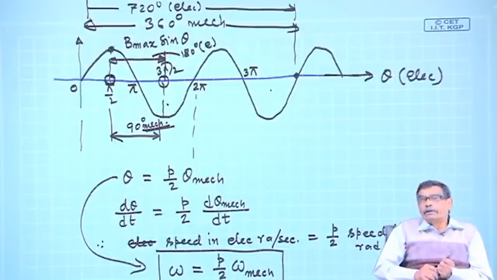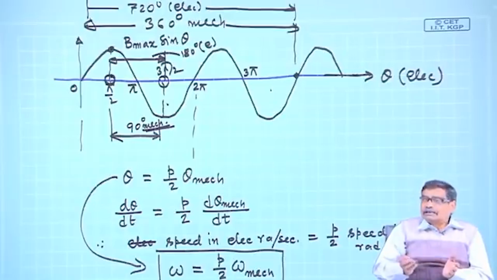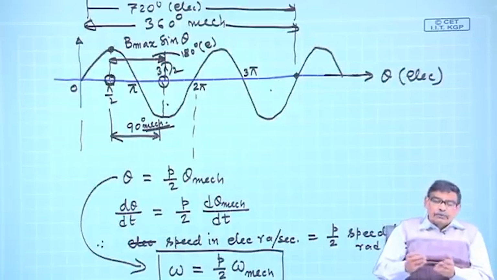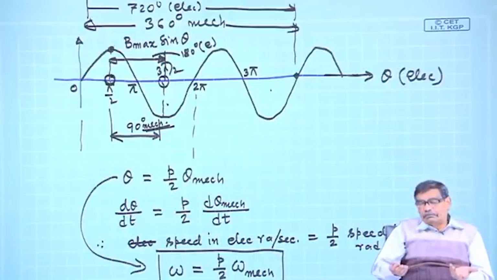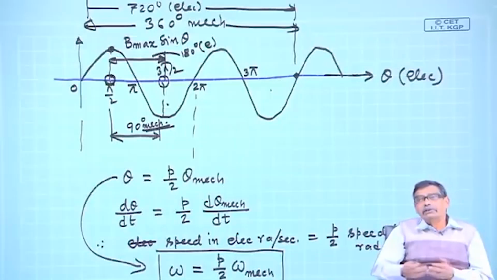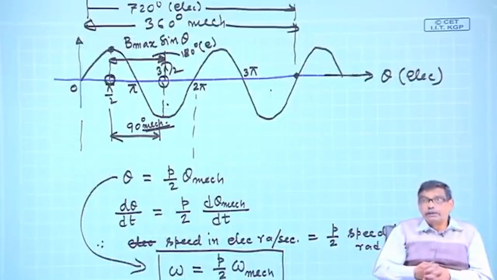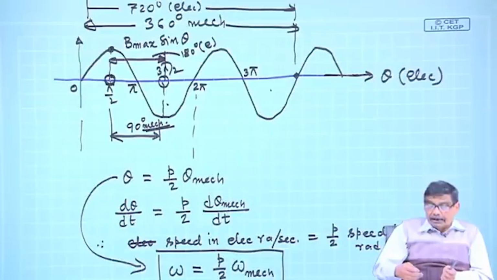Several cycles of EMF may be produced. One cycle of EMF is generally 360 degree, so 360 degree electrical. Therefore, if it is a 2 pole machine, no question of distinguishing between electrical and mechanical degree, but if it is a multipolar machine, I must remember that so that I can write down the expression correctly.